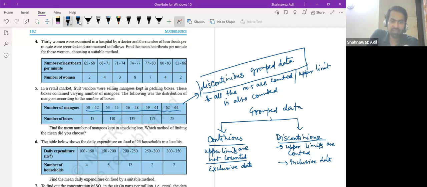And we can change this discontinuous data into continuous one, and then we can do all the calculations. So this was the only difference, and the rest of the questions are the same. So this exercise is completed. You guys quickly note it down, and we have 5 minutes more.